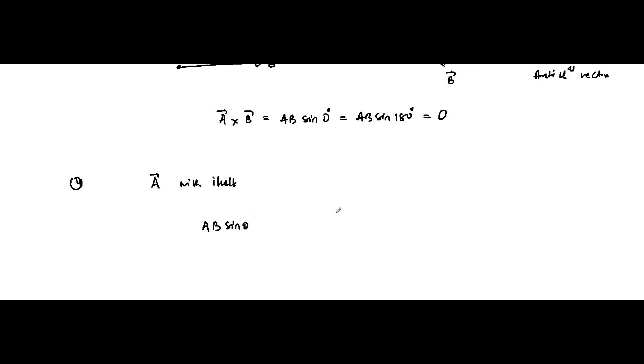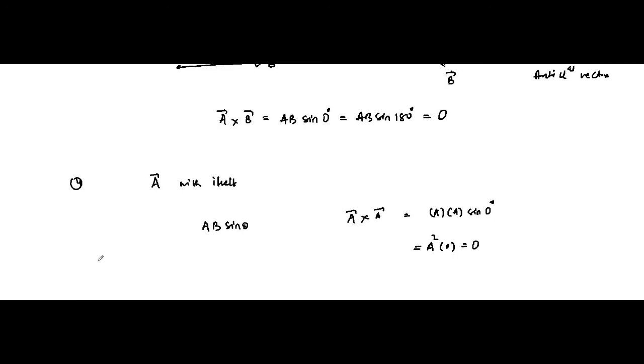Now here both the vectors are the same, and the angle between them is 0, so A vector cross A vector will be A into A sine 0 degrees, which is A square into 0, which is equal to 0.